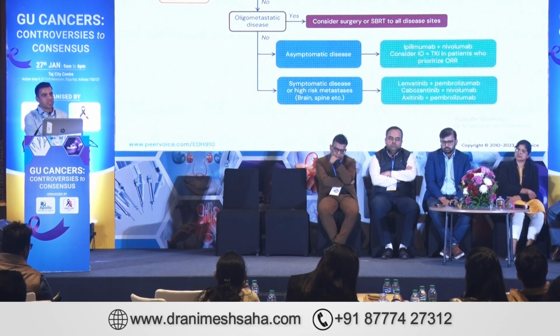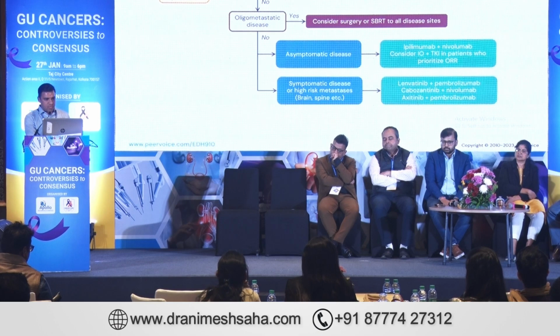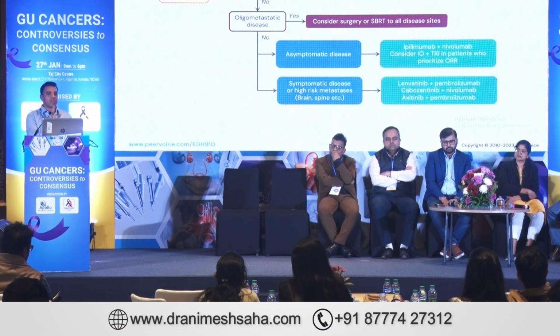And if you give everything upfront, what are you going to do when the patient progresses? Now, in the intermediate and poor risk also, ipilimumab plus nivolumab has a very long follow-up, the longest follow-up. And in the poor risk subset of patients who want no toxicities from TKIs and who want a treatment-free interval, this is a limited duration treatment. Otherwise, TKIs have to be given lifelong.